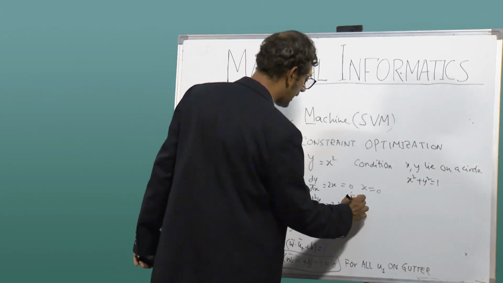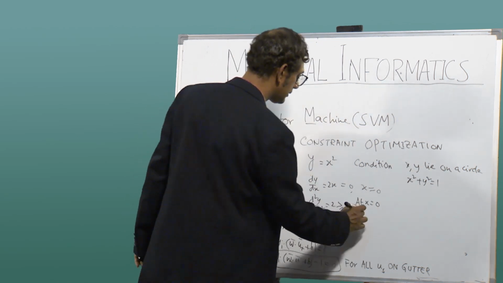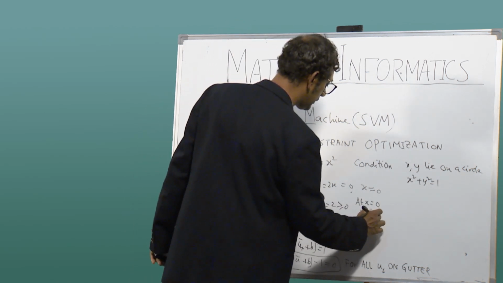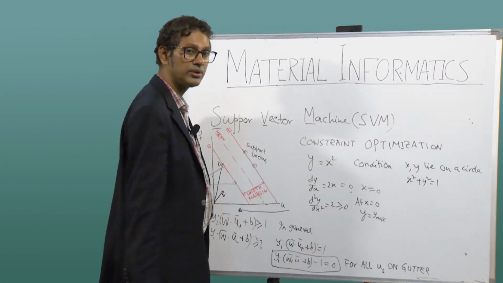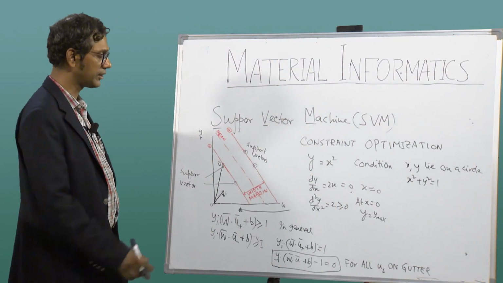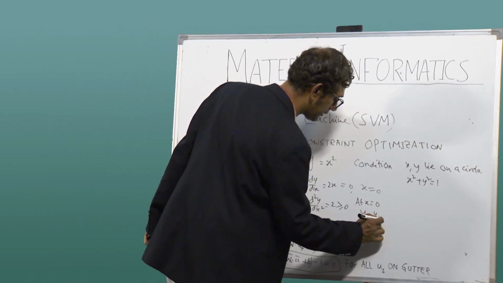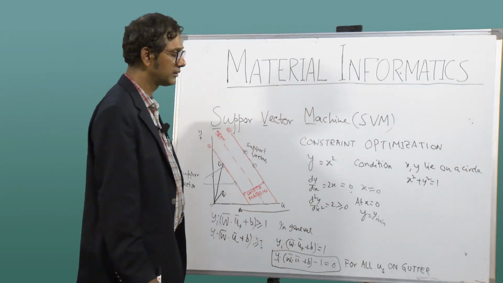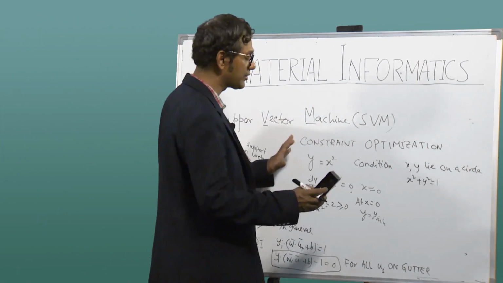So, at x equal to 0, y is... sorry, not max, it is positive, right, a minimum value. But that is open optimization, there is no constraint.